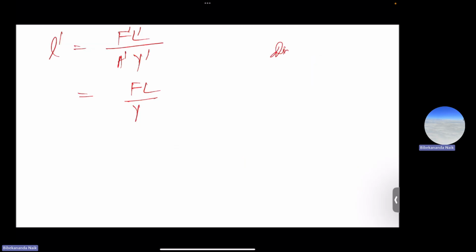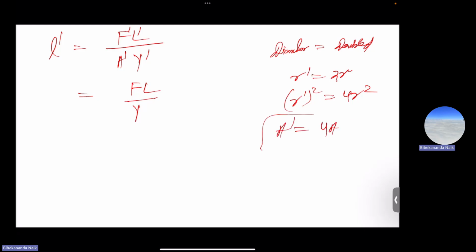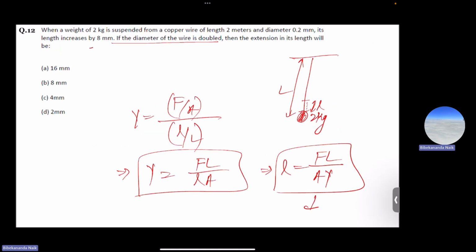So when the diameter is doubled, r prime will be 2r. So r prime square will be 4r square. So A prime will be 4A. So 1 by 4 FL by YA. So this FL by YA is nothing but the earlier elongation, which is 8 mm.